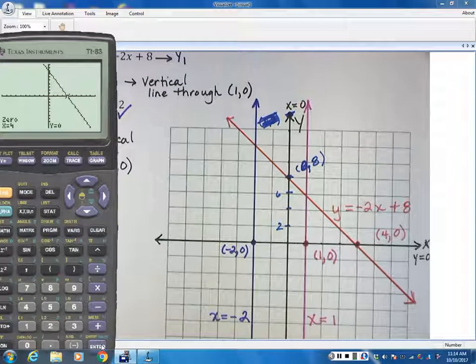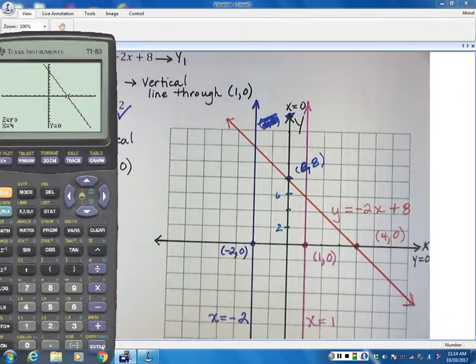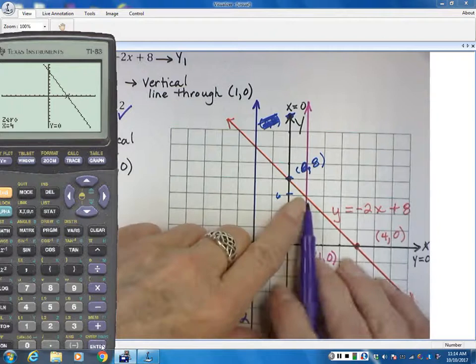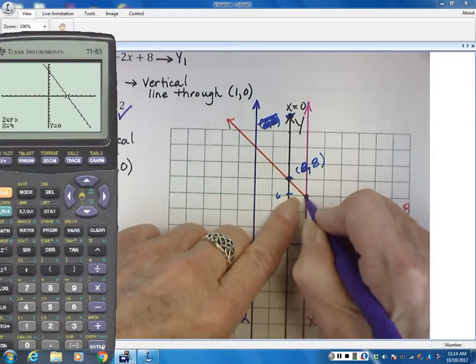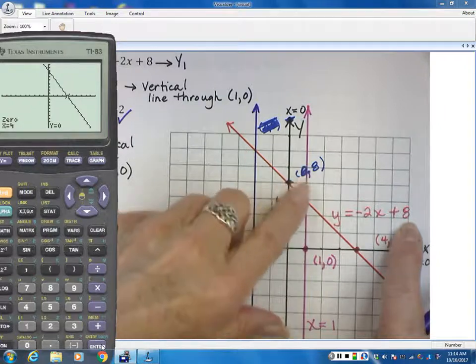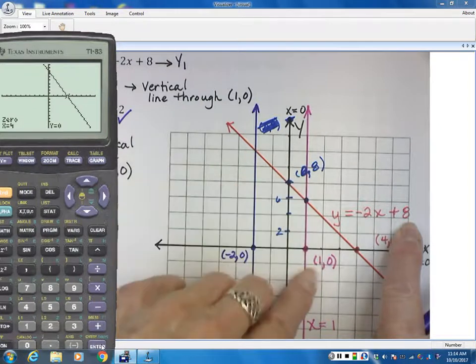Okay? Now, since we can't draw those vertical lines on the calculator, well, actually we can, but it's more trouble than it's worth, since we can't put these two vertical lines on the calculator and find intersection points, what we're going to do is take something that we know. This point is the point on y equals negative 2x plus 8, where x has the value of 1.